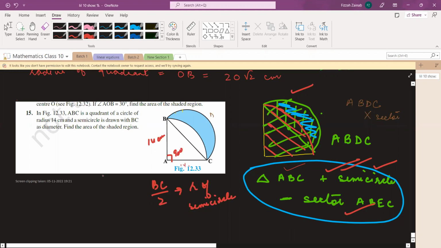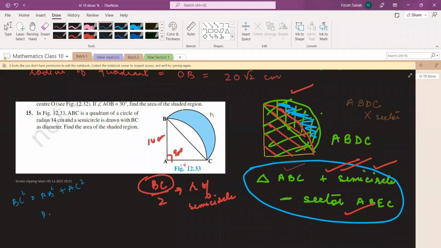Semicircle means half of circle, so you need only the radius. And for the radius, you need BC. BC you will find from Pythagoras theorem. Simple. So BC square will be AB square plus AC square. From here you will get BC, and that BC by 2 will be the radius of the semicircle.